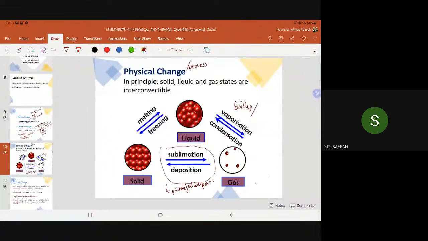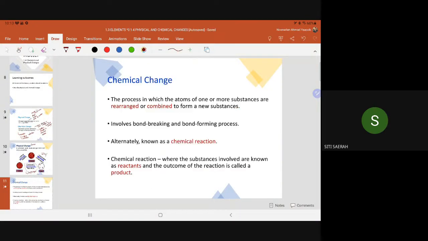So tadi kita tengok physical change, tapi yang ini kita nak tunjuk yang macam melibatkan cutting ataupun dicing, benda-benda macam tu lah, proses potong-potong ke whatever semua tu. This is the main one yang kita tengok, iaitu melibatkan changing states of matter. Now, chemical change. Chemical change pula adalah proses in which atoms of one or more substances are rearranged or combined to form new substance.